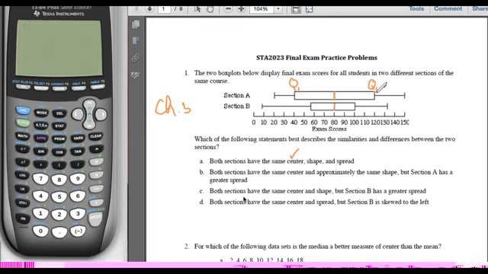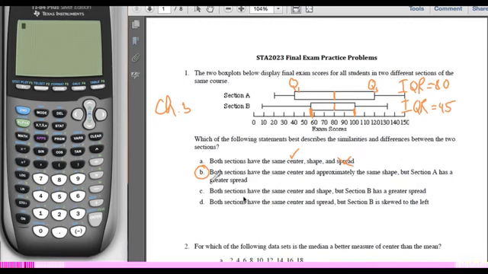So section A appears to have a spread or an IQR of 120 minus 40. Its IQR, its spread would be about 80. Whereas with section B, its Q3 is 100. Its Q1 appears to be about 55. 100 minus 55 is 45. So they don't have the same spread.